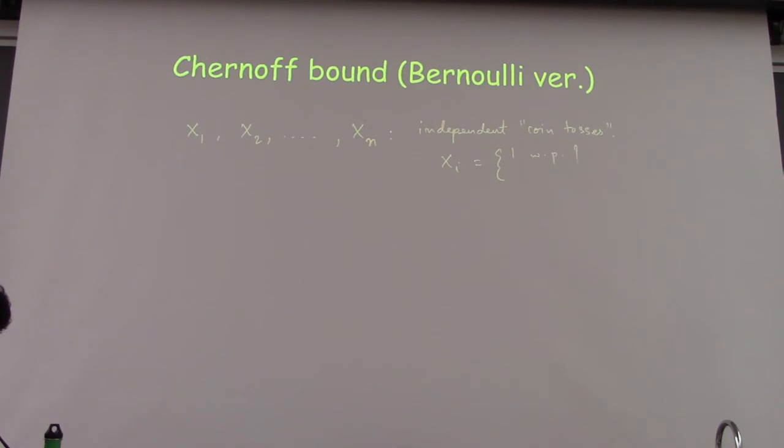So each xi is 1 with probability pi, 0 otherwise. In our setting, all the pi's are equal to p. But this is a slightly more general theorem that I'm going to write down. So here you have the xi, and then you are interested in x, which is the sum over i equals 1 through n of xi.